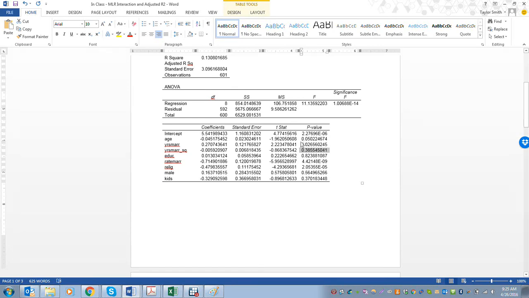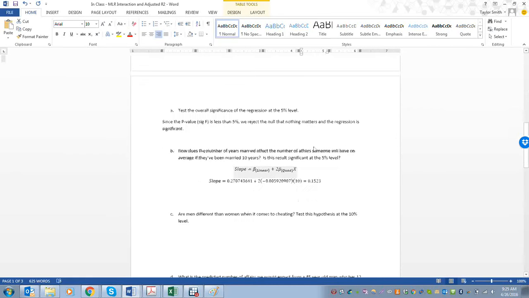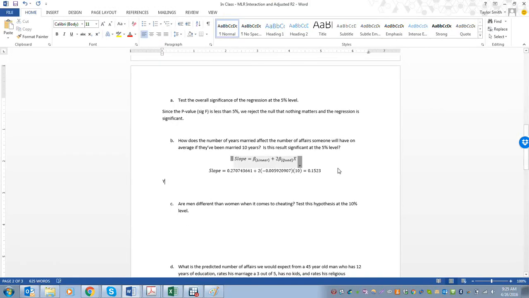For right now, since we don't know how to do that, we would just need to say something like, years married is significant at the 5% level, but years married squared is not significant at the 5% level. And that's fine, okay?